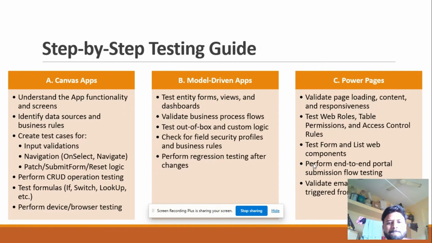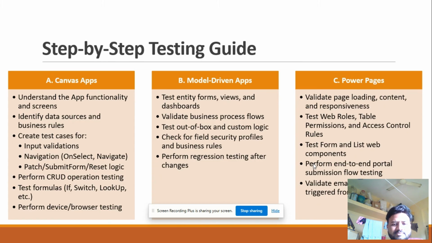Then model-driven apps: we can test the entity forms, views, and dashboards, validate business process flows, and test the outbox and custom logic. Fourth, check field security profiles and business rules.